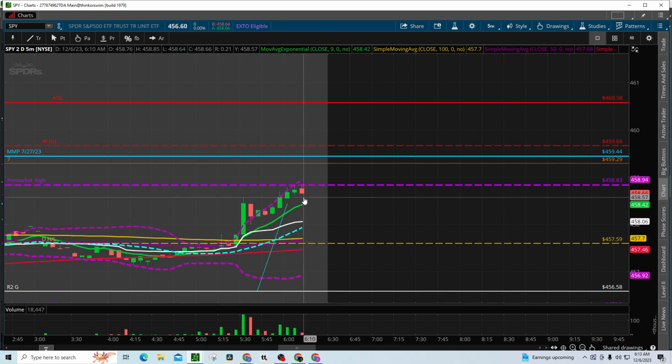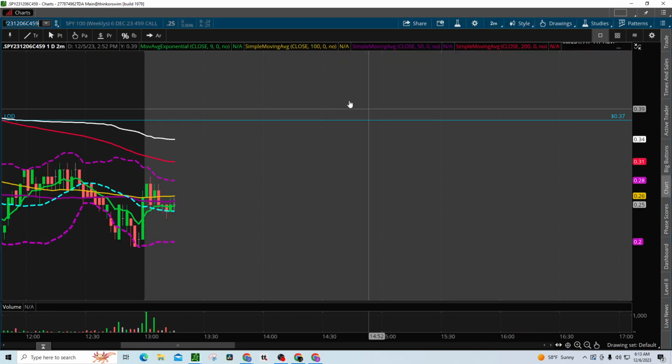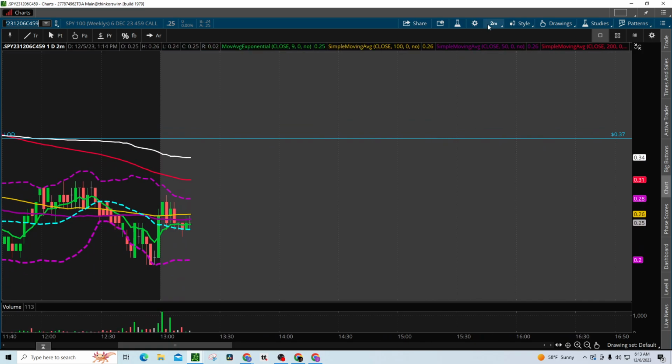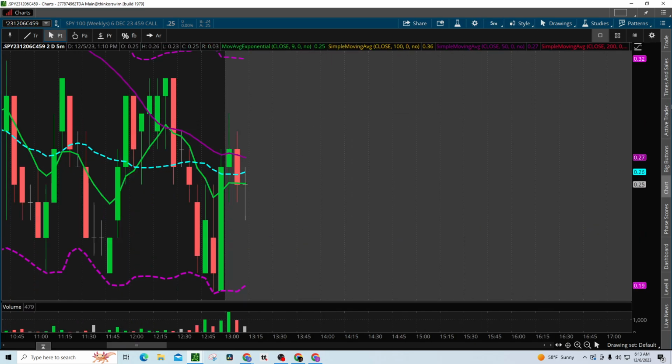Yeah, this is a little bit close, so we'll have to see. It might be around the same time as this comes up. The calls will come up and hit here or the 5-minute 200. We'll have to just wait and see.